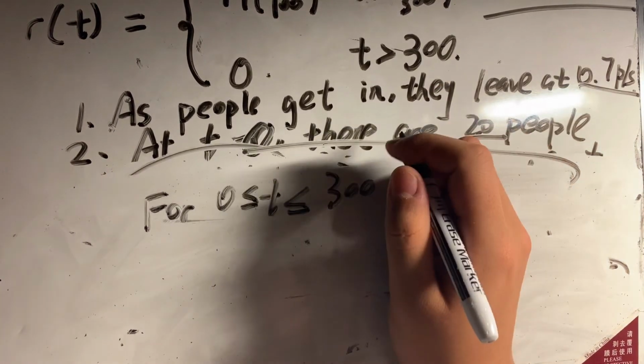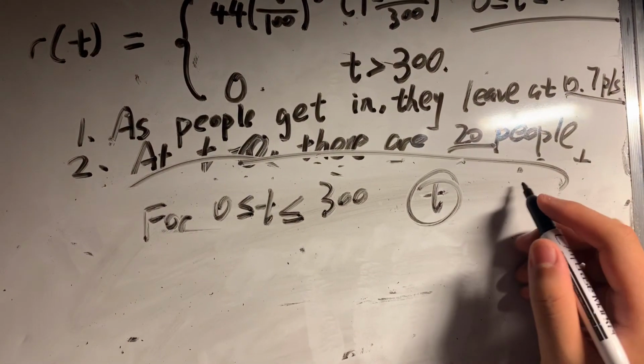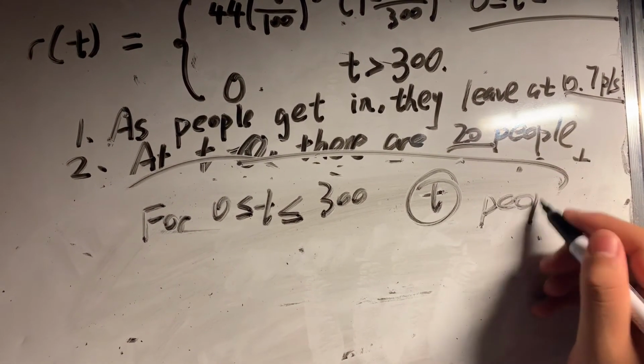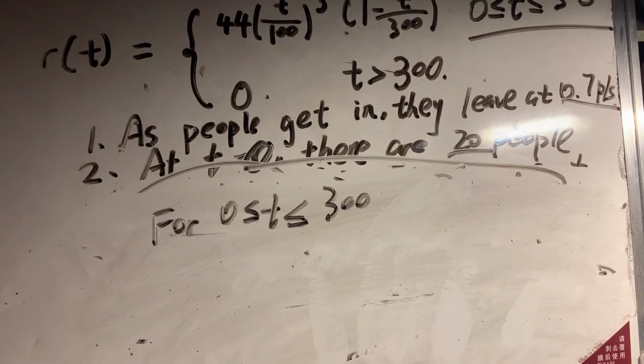So you are required to find the time at which this is a minimum, and the number of people in the escalator at that time.